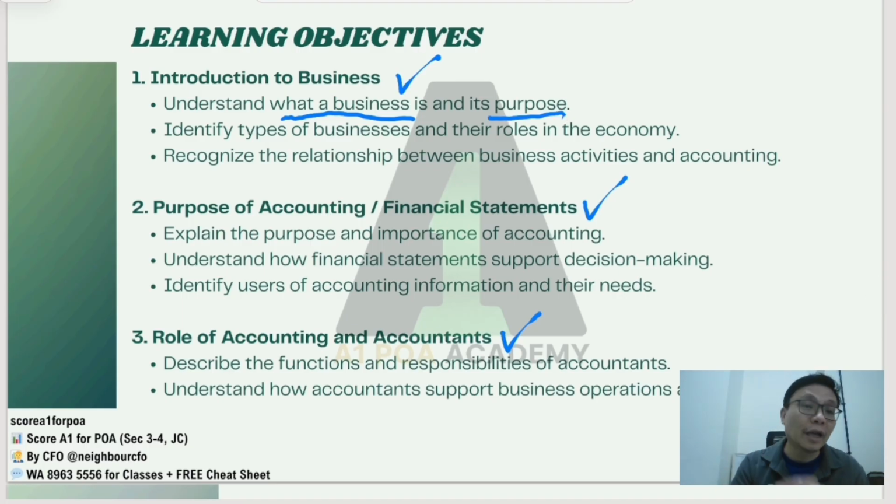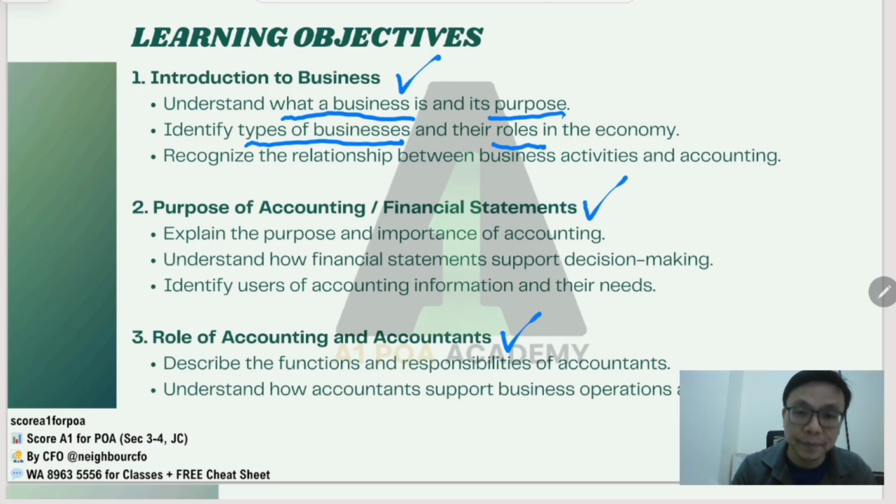Next, we talk about identifying types of businesses and their role in the economy. So we understand that there's different types of businesses in the business environment, and more importantly, what important roles do they play in the economy, especially in our specific context, Singapore economy.